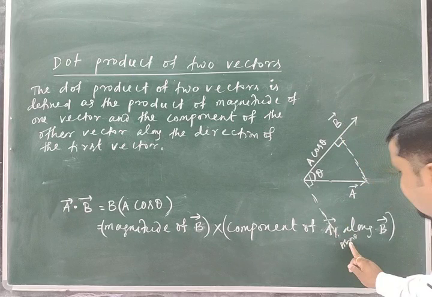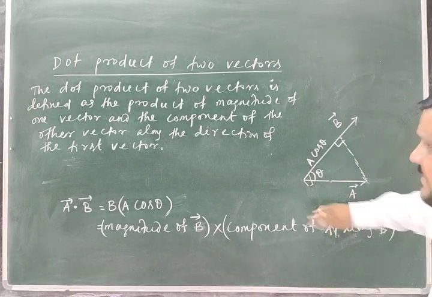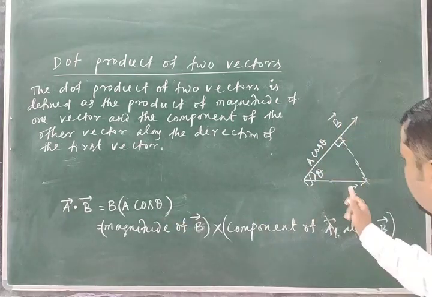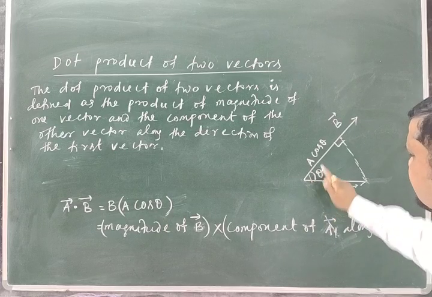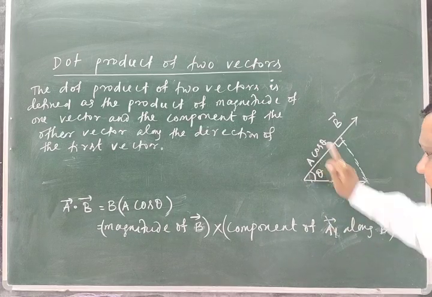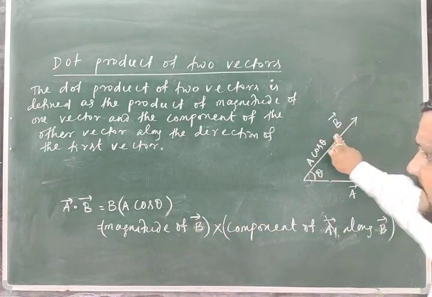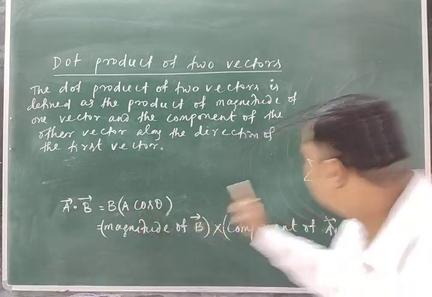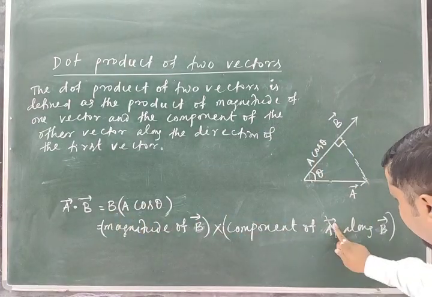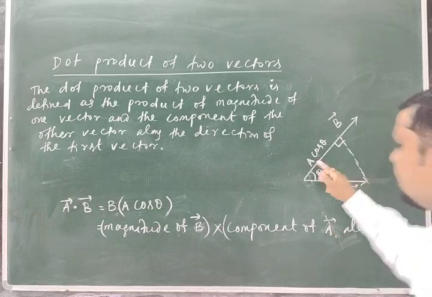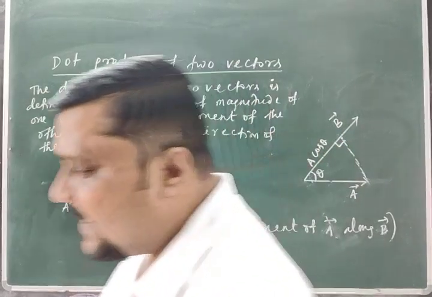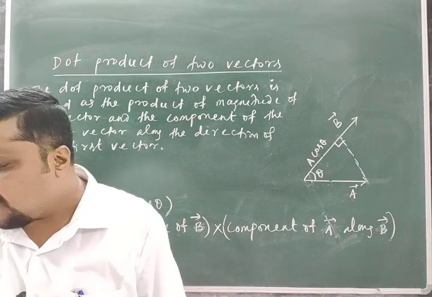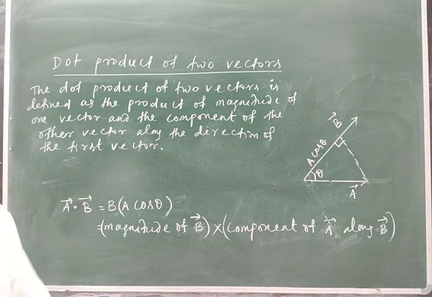We are not bothered about A sin theta because we are getting A cos theta. So the component of A along B is A cos theta. So magnitude of B times A cos theta, the component of A along B, is A dot B. This is called the dot product or scalar product of vectors.